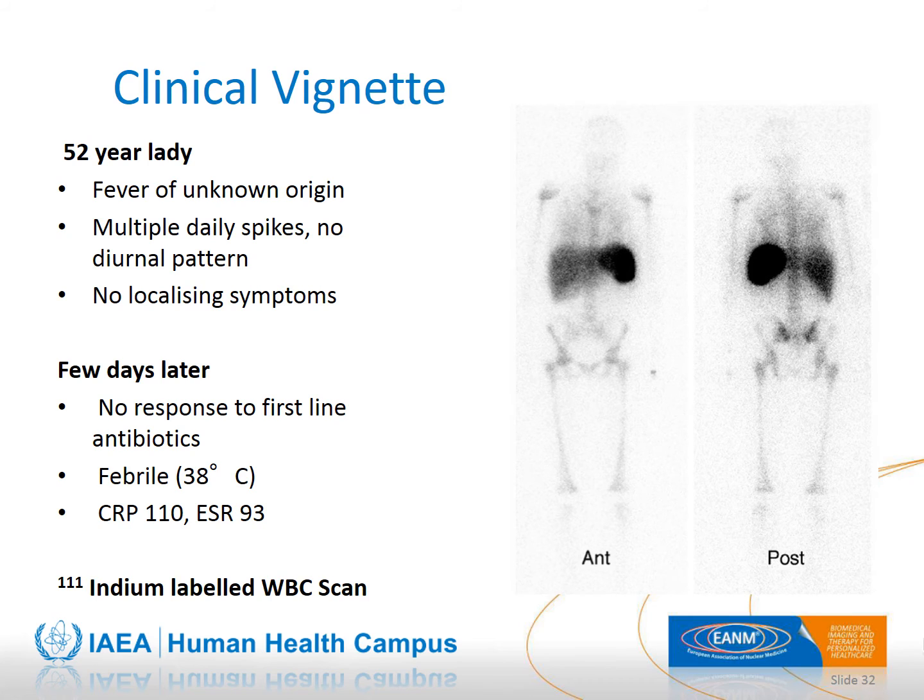An interesting case. This is a 52-year-old lady with fever of unknown origin with multiple daily spikes and no response to first-line antibiotics. She underwent an indium-labeled white blood cell scan to look for the source of the infection.